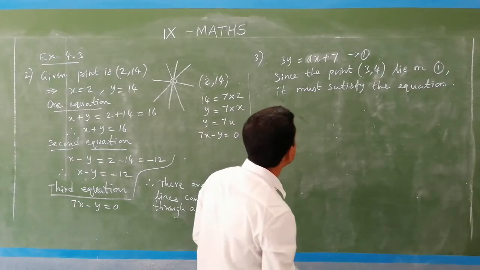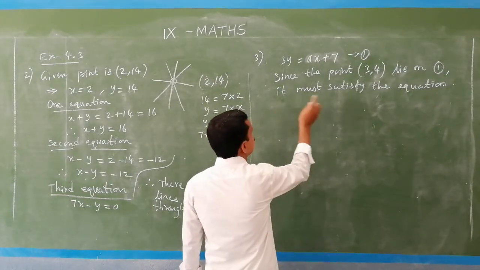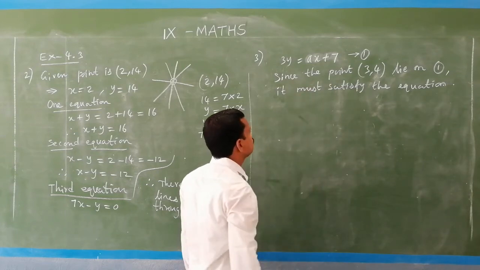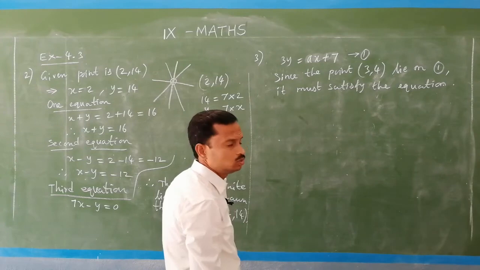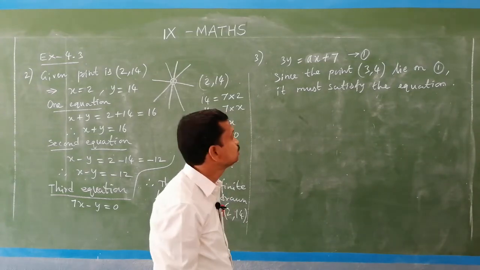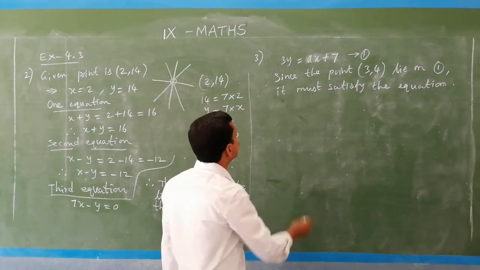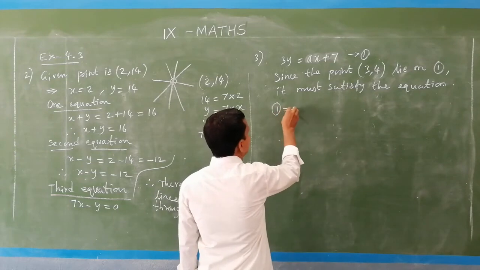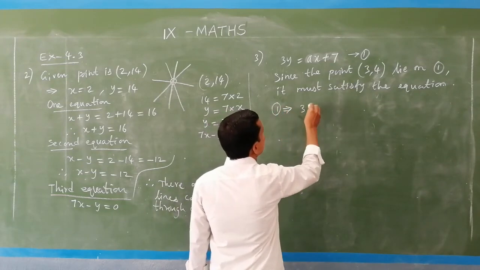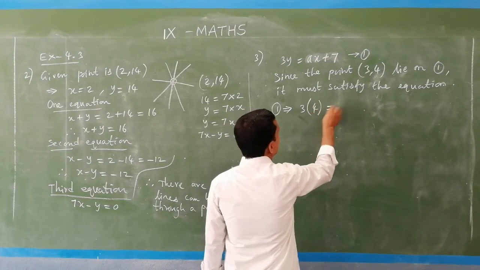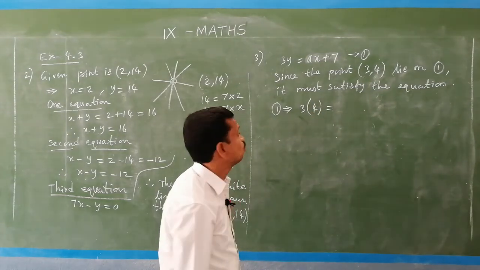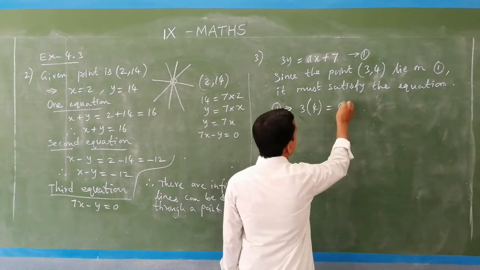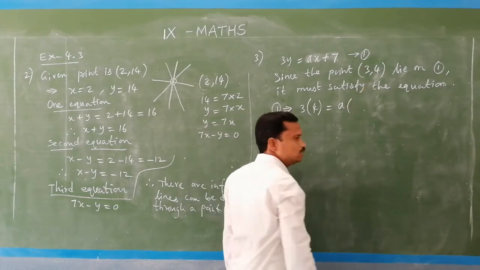Therefore, just substitute 3 comma 4 in equation 1. For x you put 3 and for y you put 4. So 1 implies 3 into 4 equal to a into 3 plus 7, you should be very clear, the y value is 4, and the first value is the x coordinate.